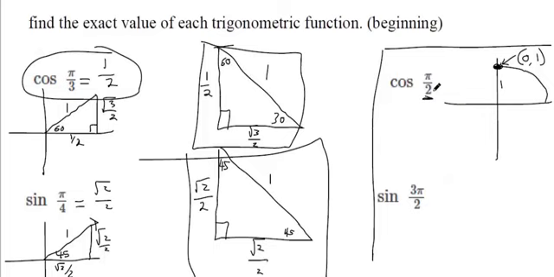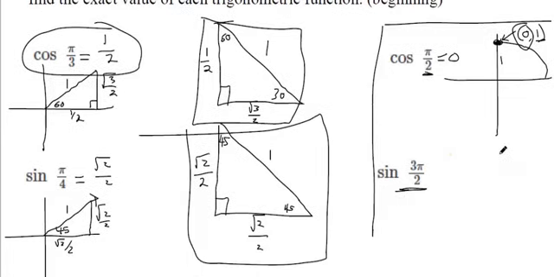The quick way of doing these ones where they land on an axis is that cosine is always the x-coordinate, so cosine pi over 2 is 0. Sine is the y-coordinate, so sine of pi over 2 would be 1. Let's do the same thing for this one: 3 pi over 2. Cut the pi out, multiply by 180, and you've got a 270-degree angle. It lands right here. Now think carefully about what that point is. It's gone nowhere on the x-axis, so it's at 0.